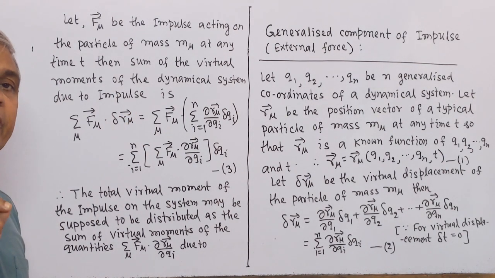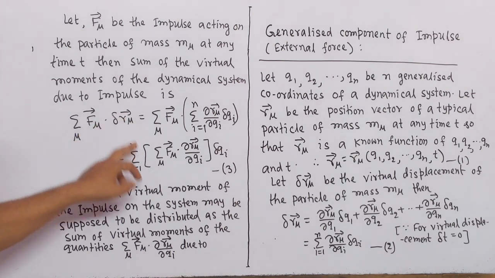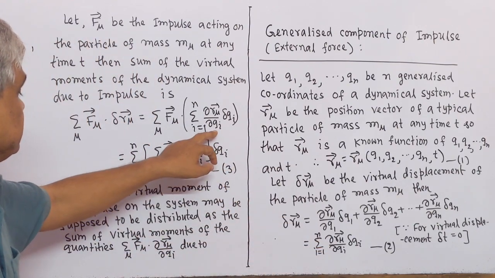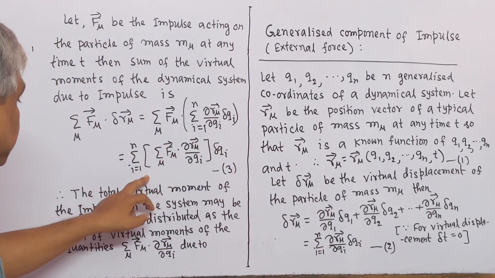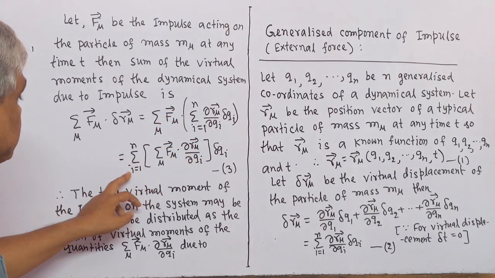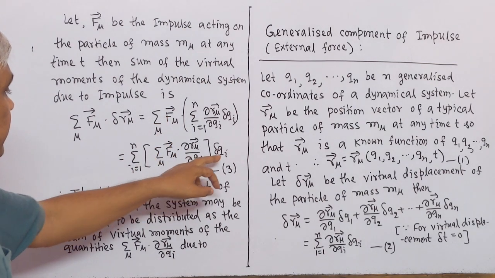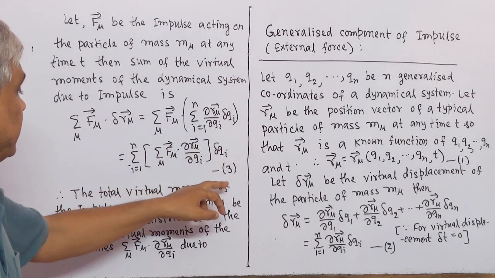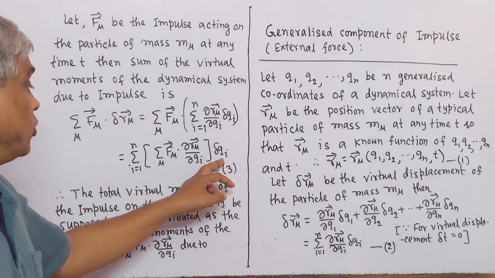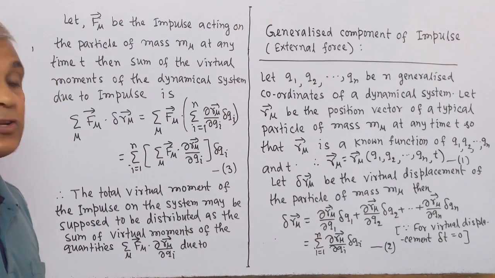This is the moment of a force. Here in place of delta r mu, using 2, we write: sigma i equal to 1 to n outside and the remaining terms inside, delta qi. This is number 3. Here delta qi is the generalized virtual displacement.